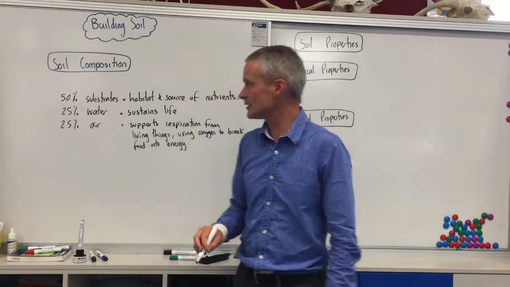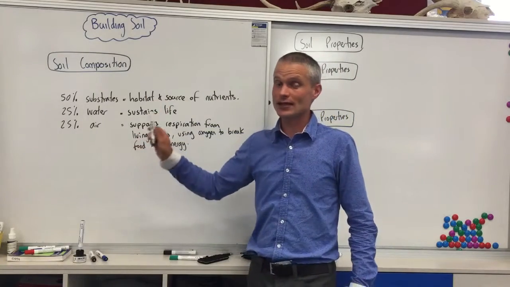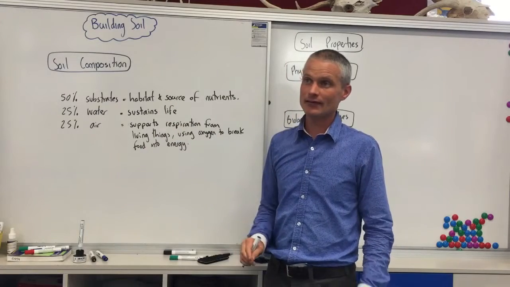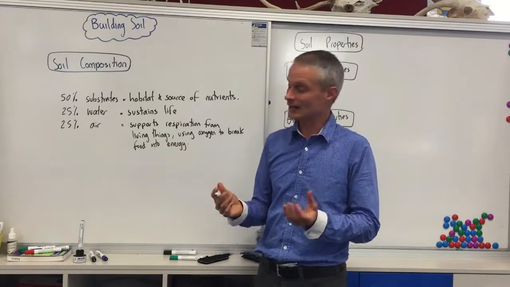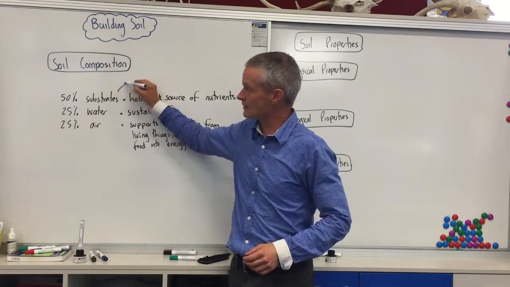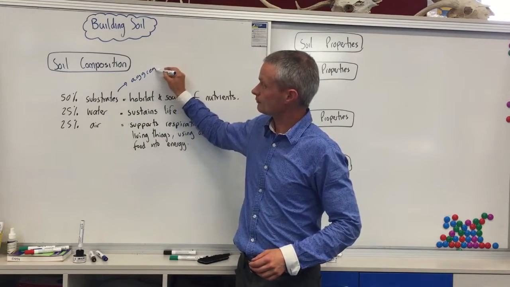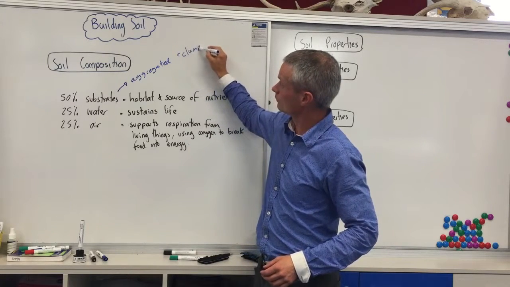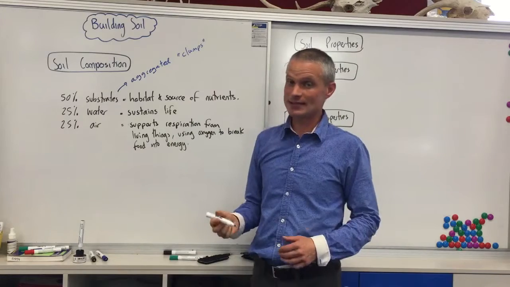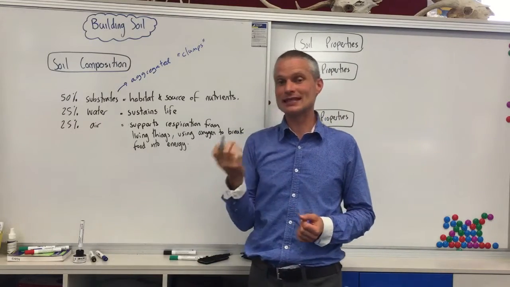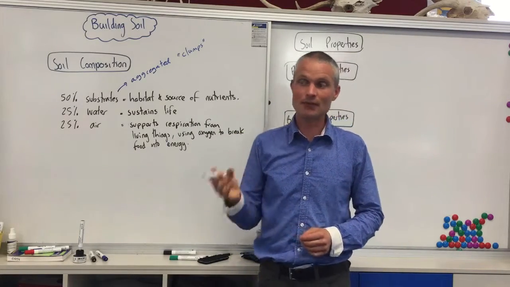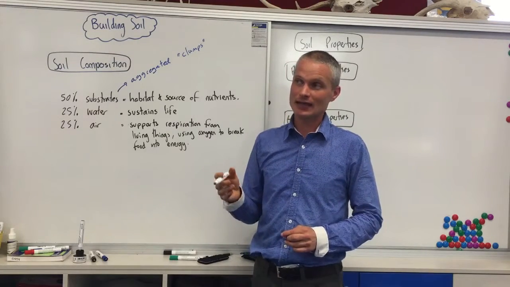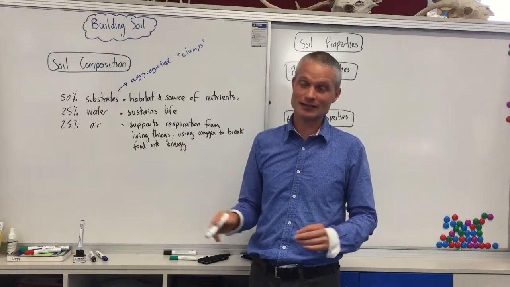So the first thing really is the composition of soil. In a healthy soil, about 50% of the soil is substrates. So that means ideally that these substrates are aggregated, which are just clumps, and those aggregates are created by the biological sticky substances from worms and mites and arthropods and all these different living things, and the excretions and waste products in the soil.